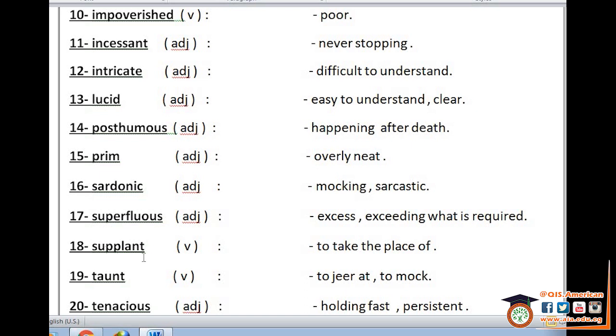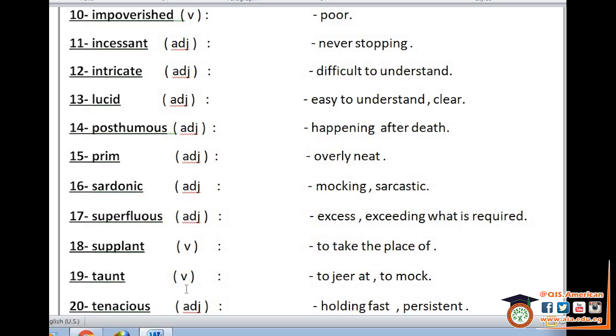Number 18, supplant. It comes from what? The original word plant. Supplant, to take the place of. When you supplant something, it's like you plant something instead of something else. To take the place of.